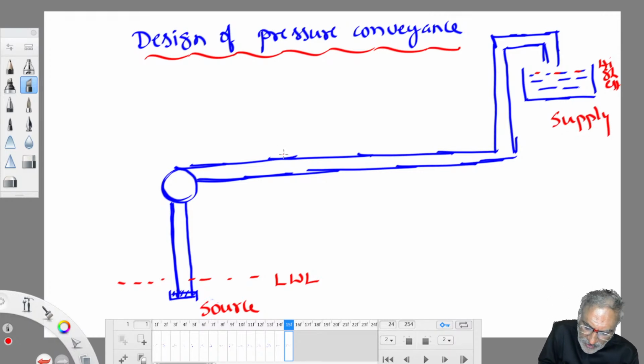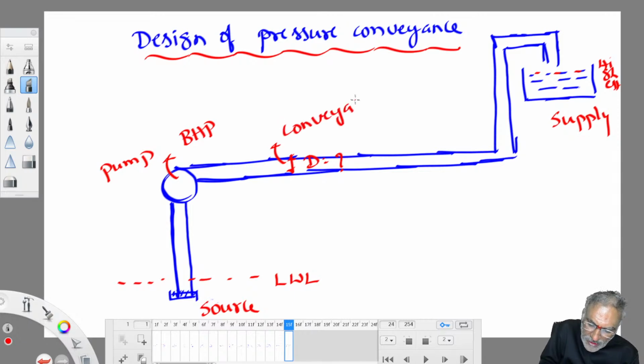So what do you have to find out? This you have to find out: the diameter of the pipe required. And this is the brake horsepower of the pump required. This is pump. This is the conveying pipe. So these two things are known as design of pump and pipe: diameter and BHP.